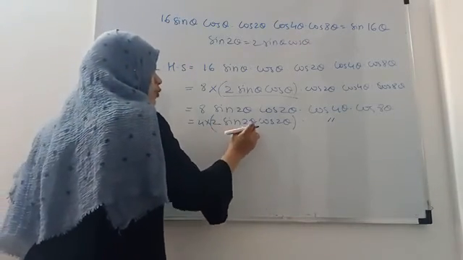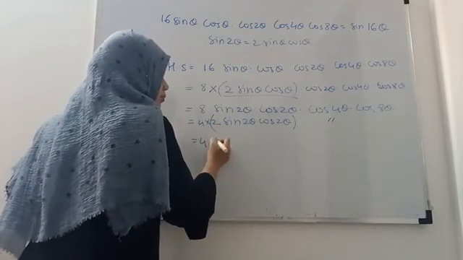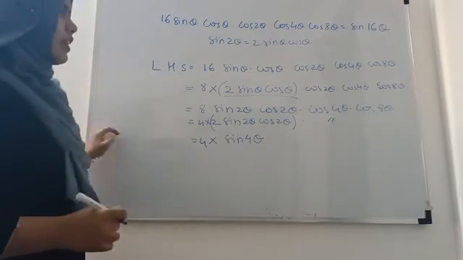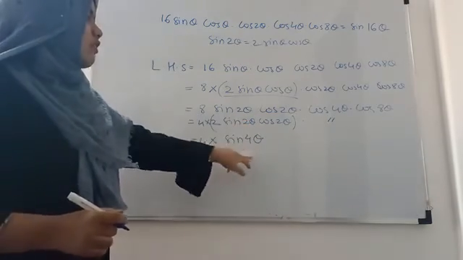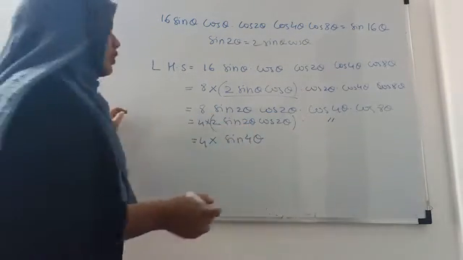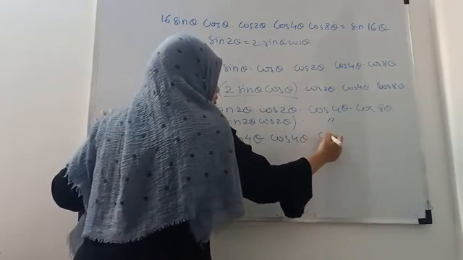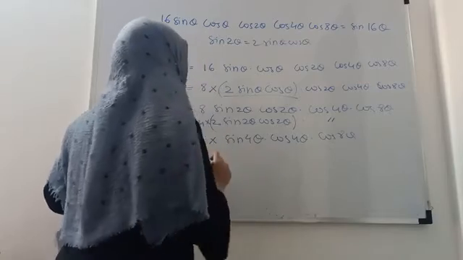Now 2 sin 2 theta cos theta will be what? It will be sin 4 theta, right? 2 sin theta cos theta will be sin 2 theta, उसका double हो जाएगा, into cos 4 theta into cos 8 theta, right?